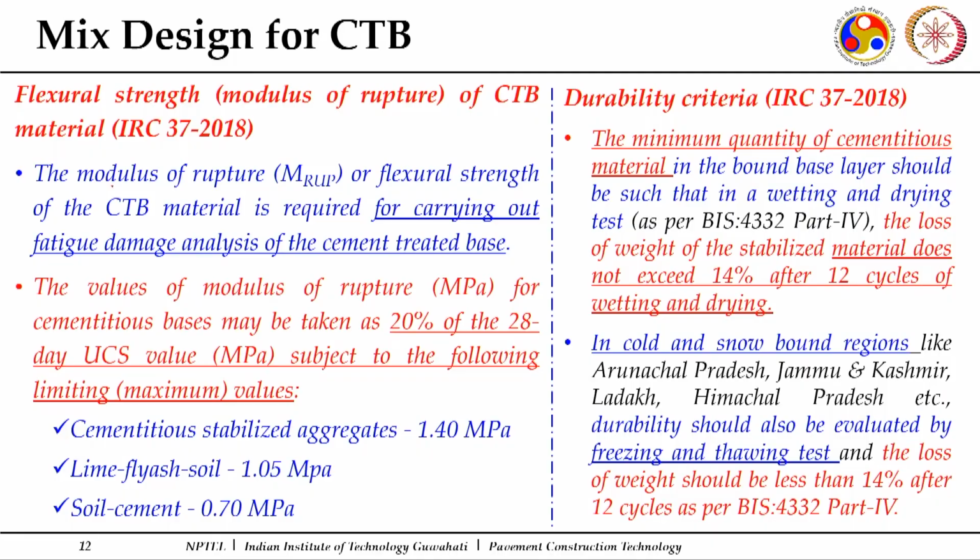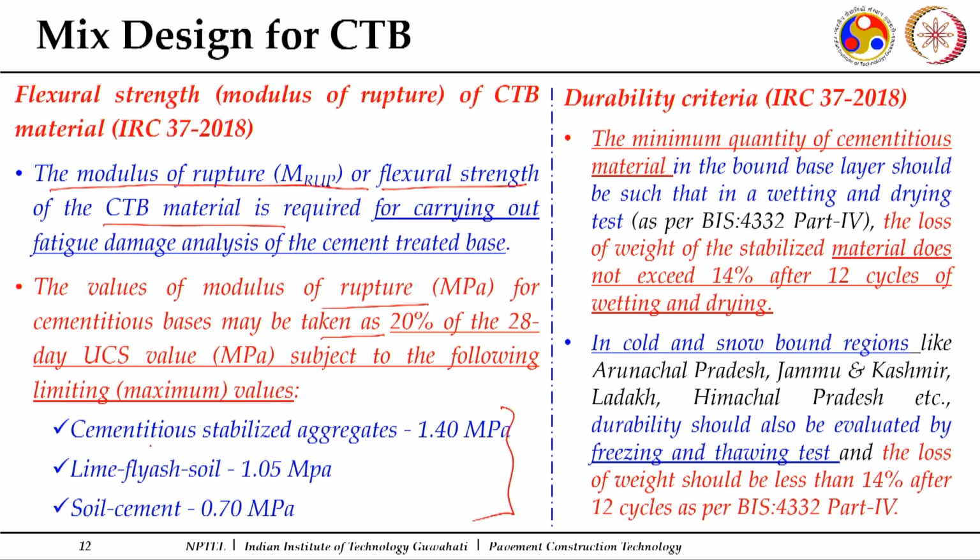For that you need to work out the modulus of rupture or the flexural strength of the CTB material, the cement treated base material, and this is an important aspect which needs to be ensured for that material. The modulus of rupture can be taken as 20% of the 28 days UCS strength which you used while determining the elastic modulus, and there again some maximum values are specified.